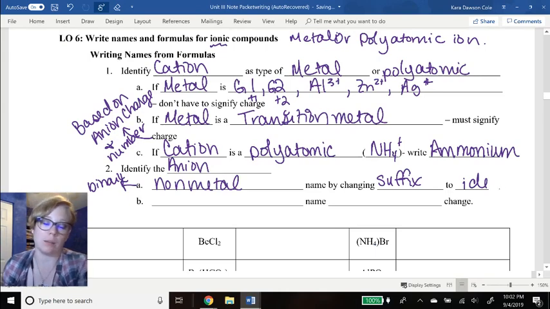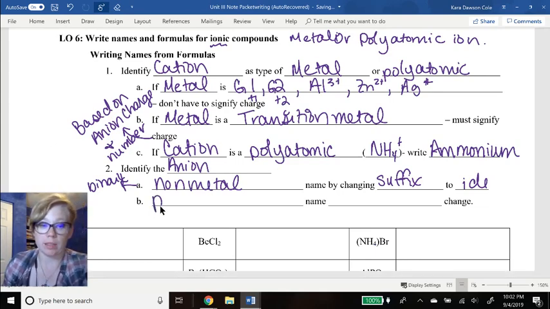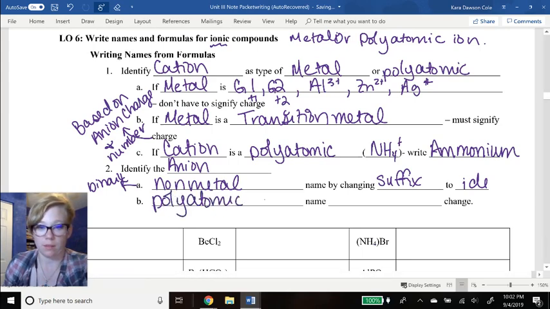Anytime you have a binary compound, the second element's name changes to -ide at the end. If the anion is a polyatomic ion, the name does not change.